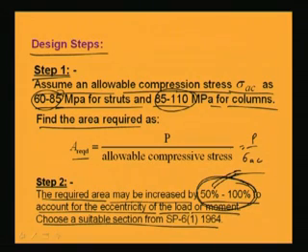If we are new, then we have to keep on trial and error. We try with some increased area and see whether it is okay or not. If it is okay, fine, otherwise we have to increase the area, that means increase the dimension of the member we have chosen, and check again similarly. Those things will be clear when we go through one example.